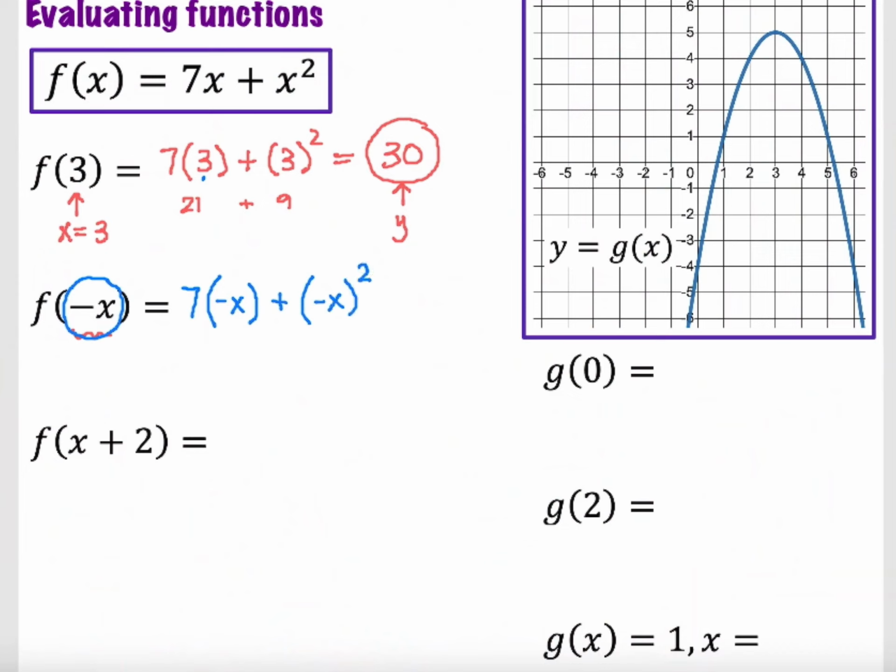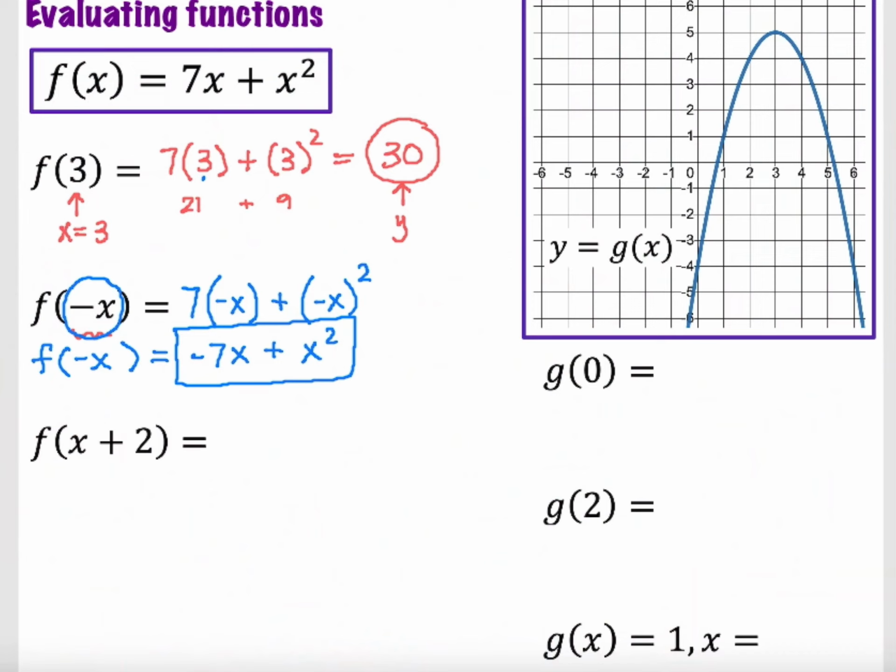So again, just substituting. And then simplifying. This would be a negative 7x. In this case, a negative x times a negative x would just make a positive x squared. And that's all you're expected to do. We're not really solving anything. We're just finding what the function looks like with an input that's the opposite of the x value.